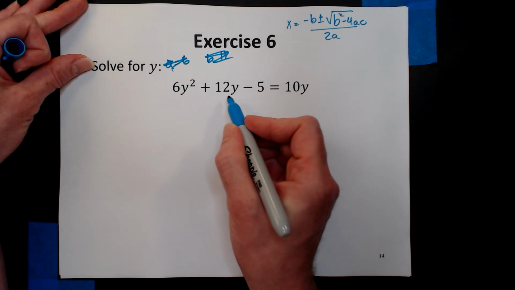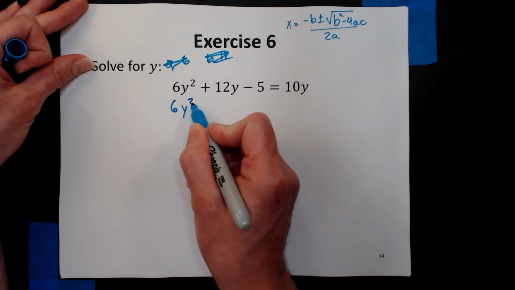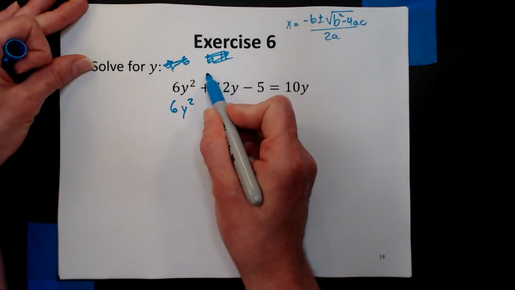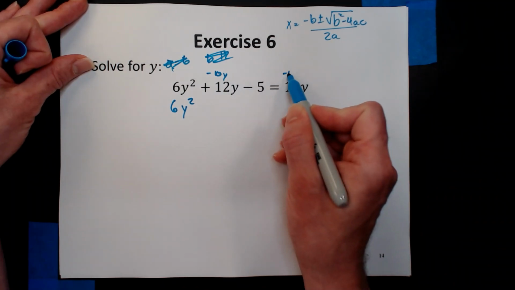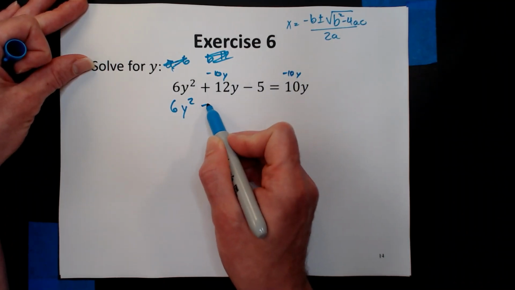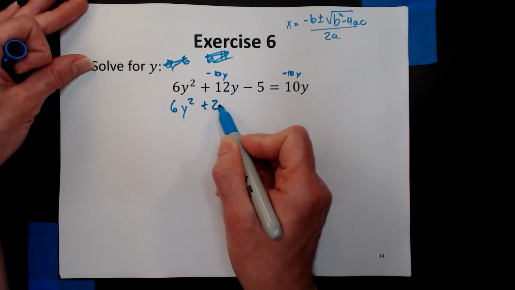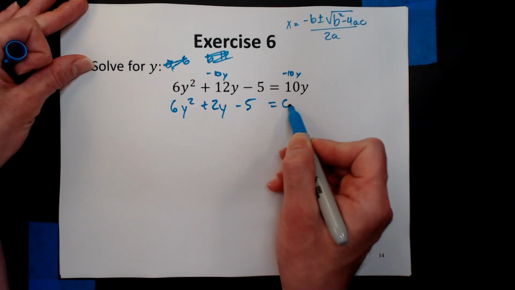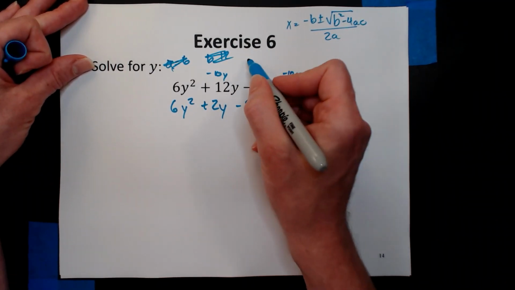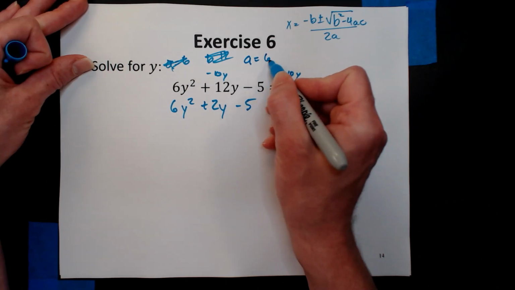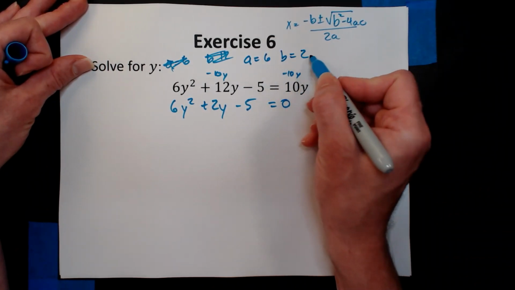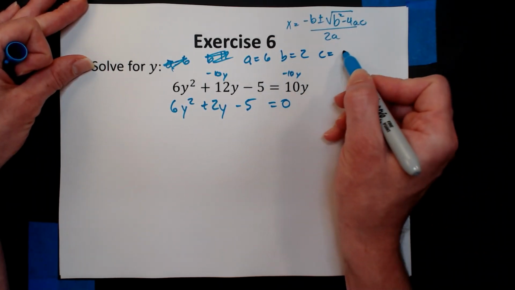So let's put it in standard form first. So that'd be 6y squared. And then I subtract 10y from both sides. So that's going to be plus 2y minus 5. Now I have it in standard form. Now I can say that a is equal to 6, b is equal to 2, and c is equal to negative 5.